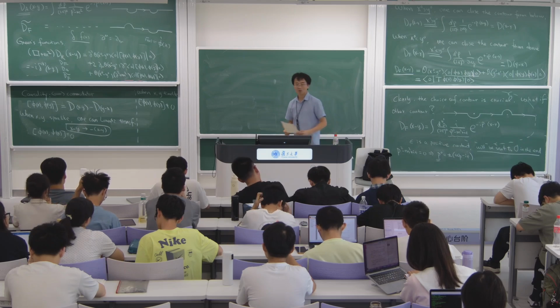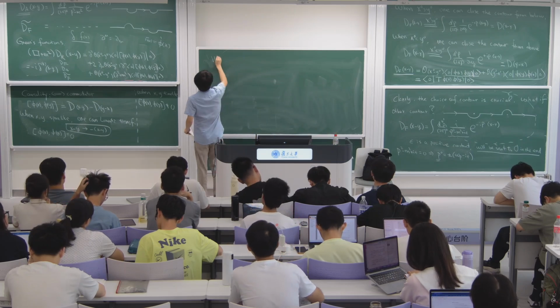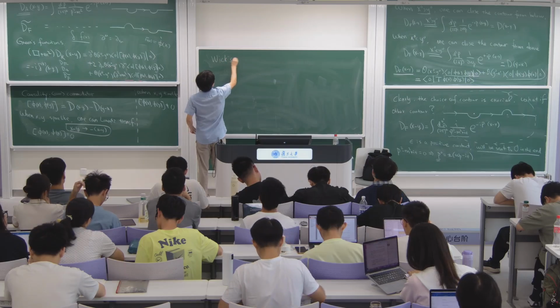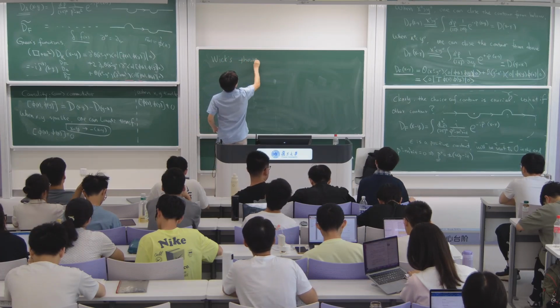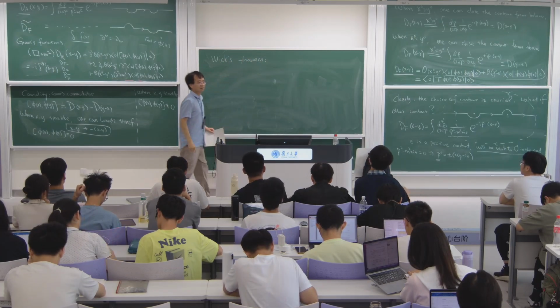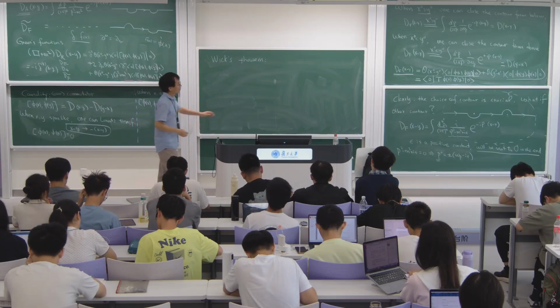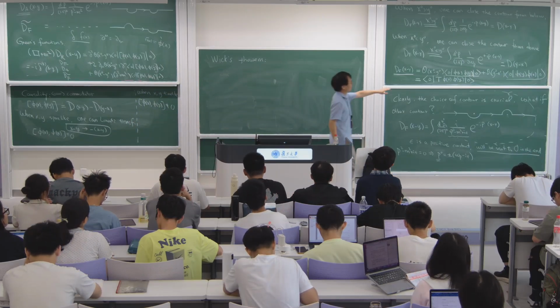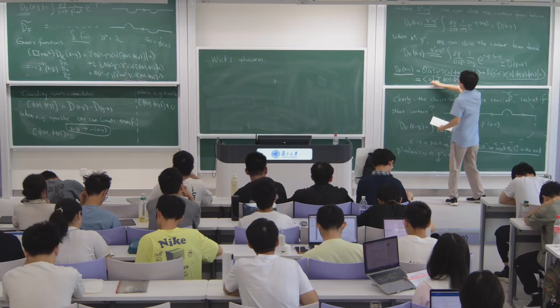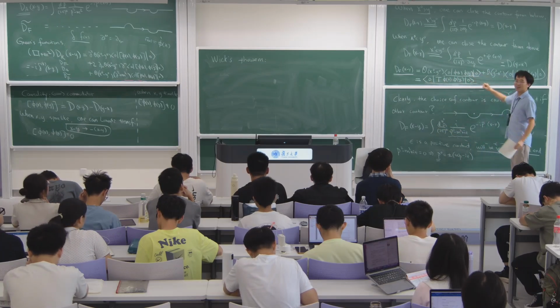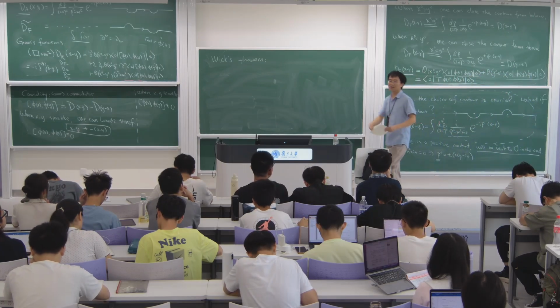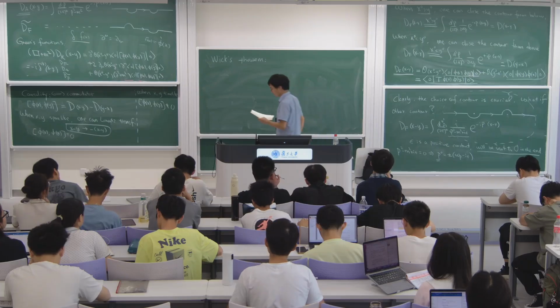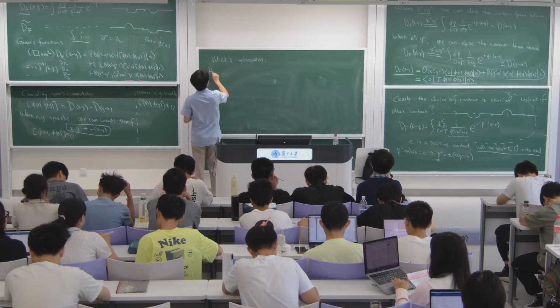So this is something called Wick's theorem. We learned how to compute the 2 points. Now I can ask myself, this is a free field, it's so simple, why don't I push this calculation to higher points?